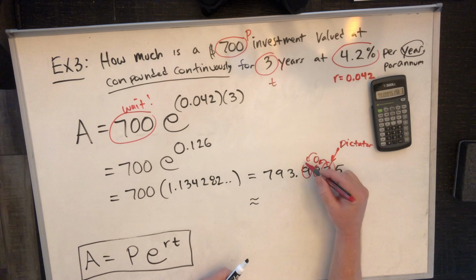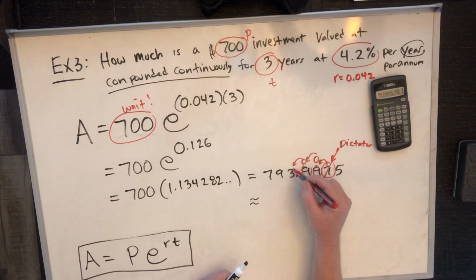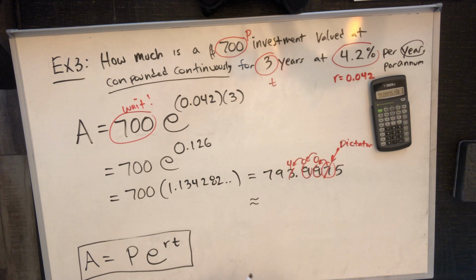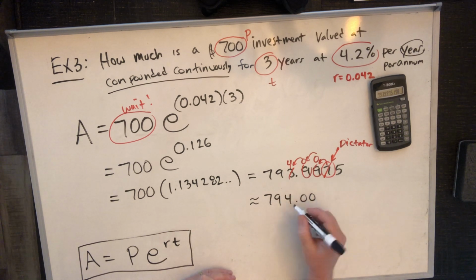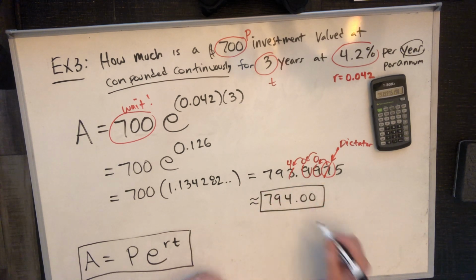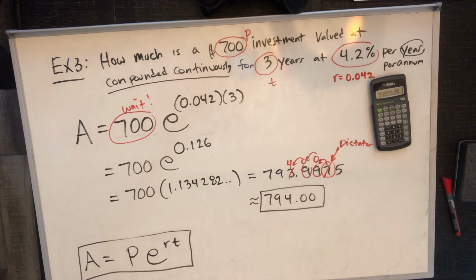That's going to round this 9 to a 10. And that's going to round the 3 to a 4. So you're going to have $794.00. The Canvas app is going to require that you enter 2 decimals. So if they both come out to be 0, then enter 0.00 and it should mark it correct. $794.